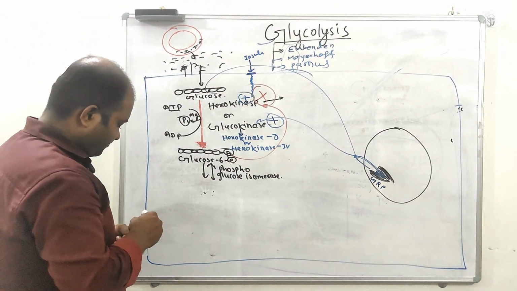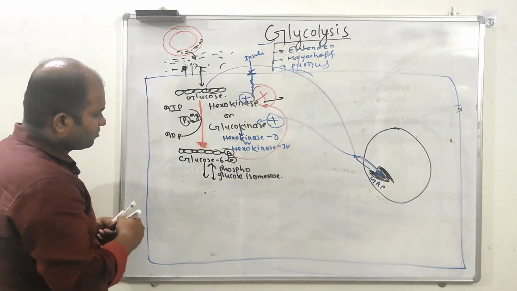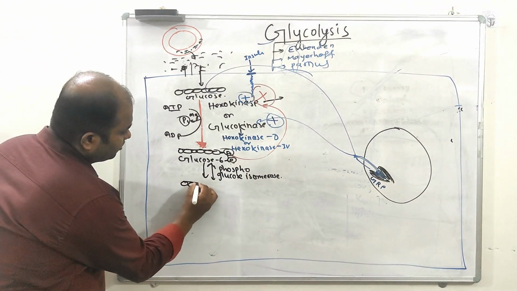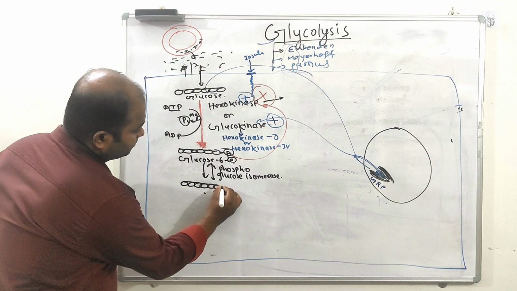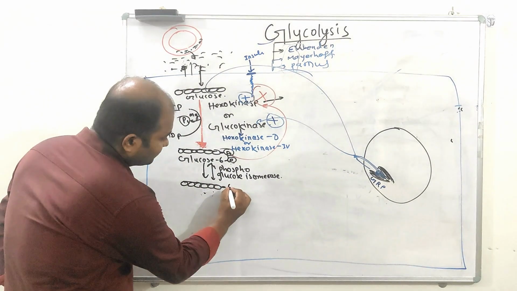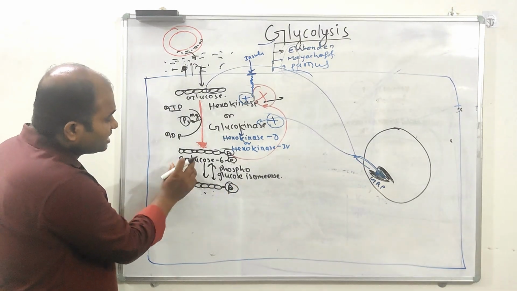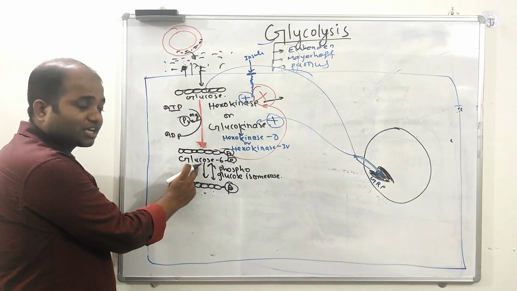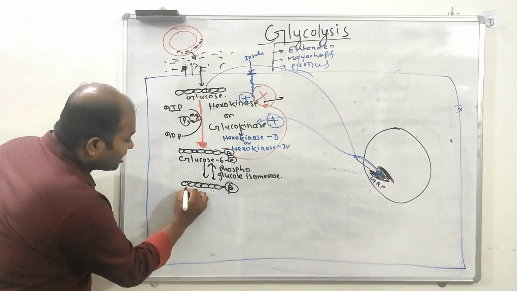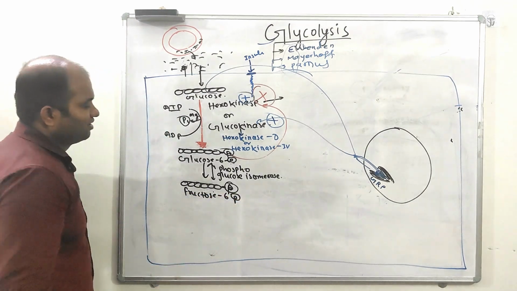This will form, 1, 2, 3, 4, 5, 6, a fructose. At the 6th position, what is there? Carbon. So this is just an isomerase. Glucose is a 6 carbon compound, fructose is also a 6 carbon compound. So this is just isomerization, and it is now called fructose 6-phosphate.